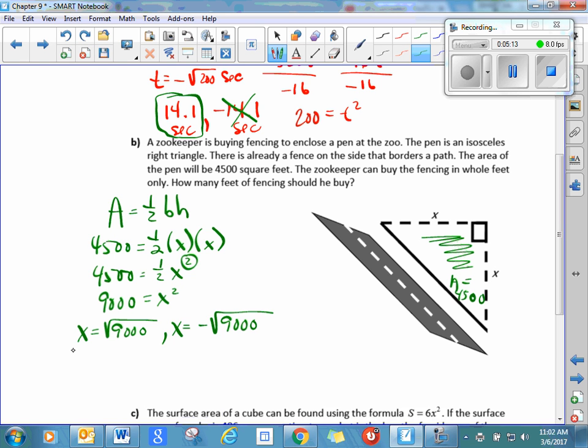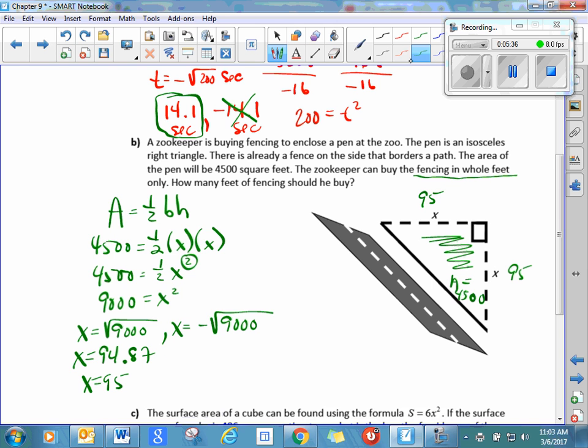So when you get on the calculator and do that, you get x is equal to 94.87. But it says that the zookeeper has to go out and buy his materials in whole feet only. So if you round this to 95, then he needs to buy 95 feet for that side and 95 feet for this side.